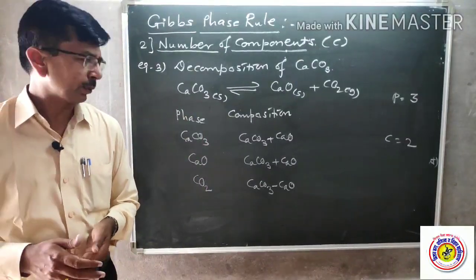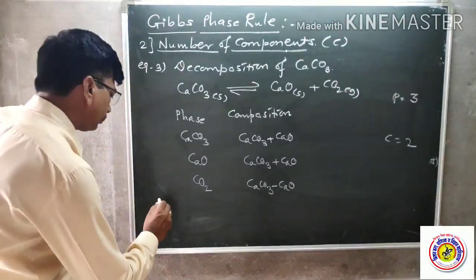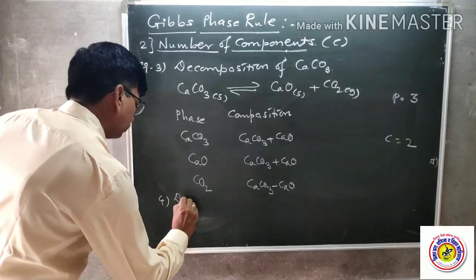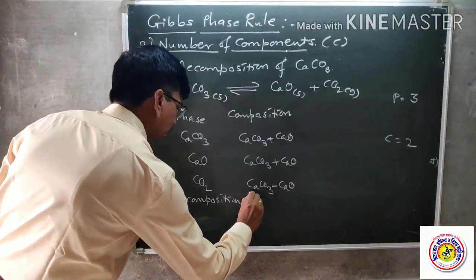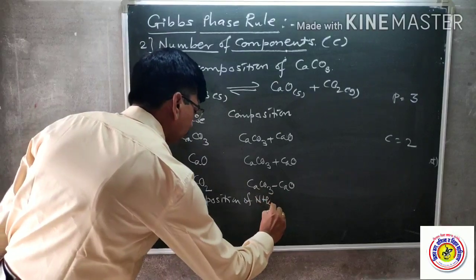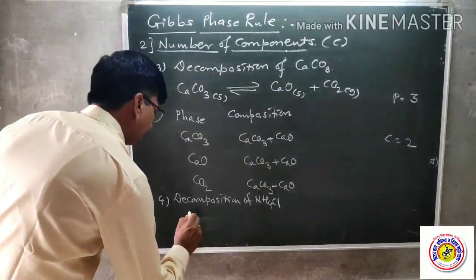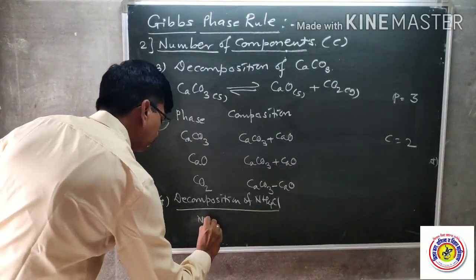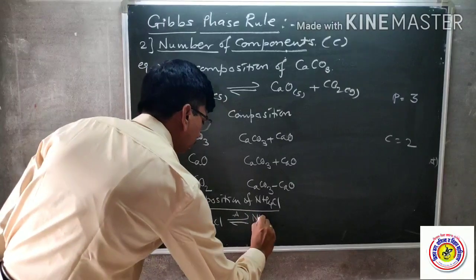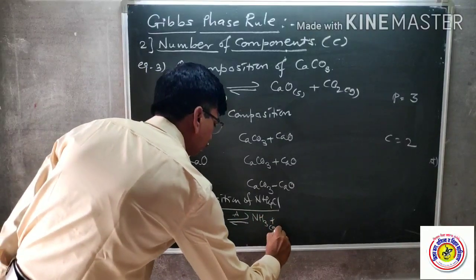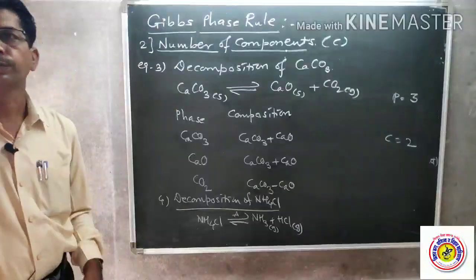Now we'll see another example, the decomposition of NH4Cl, ammonium chloride. When it is heated, we get ammonia gas and HCl gas.